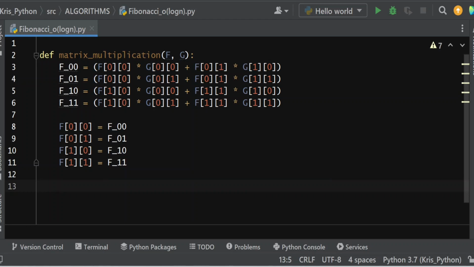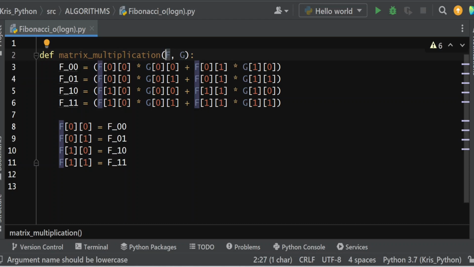And as we can see, the value of the resulting matrix F is getting updated here. So we're updating the value of F in place after we multiplied with G.